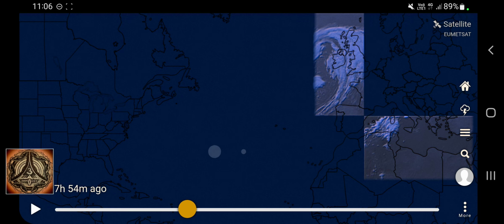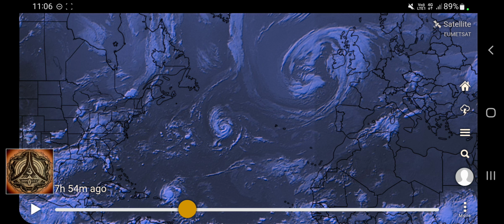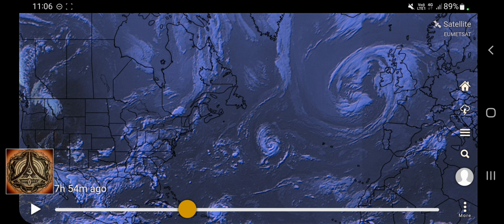And if we zoom out further, we also have to understand that this one is connected to another weather system somewhere else, wherever they go, but they are connected with each other constantly.